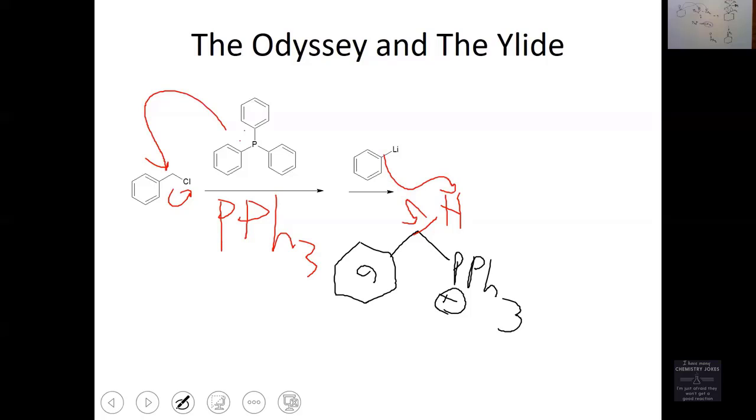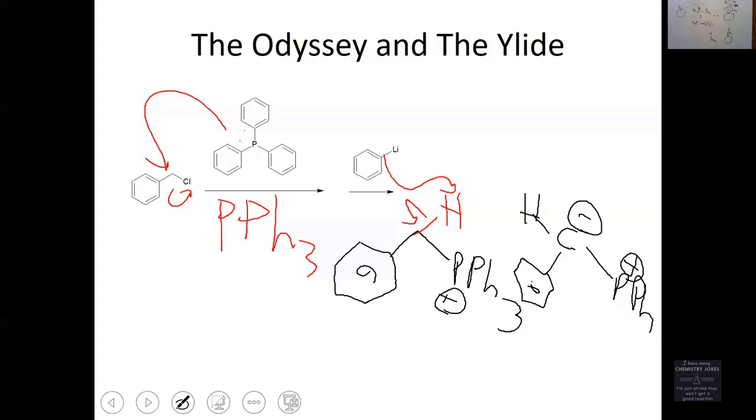Why would it take a hydrogen from next door to the phosphorus? Because when it does so, it makes a carbon that has a minus next door to a phosphorus that has a positive. So you can share electrons between your carbon and phosphorus.